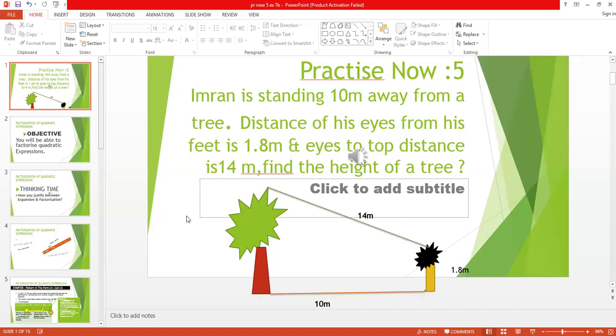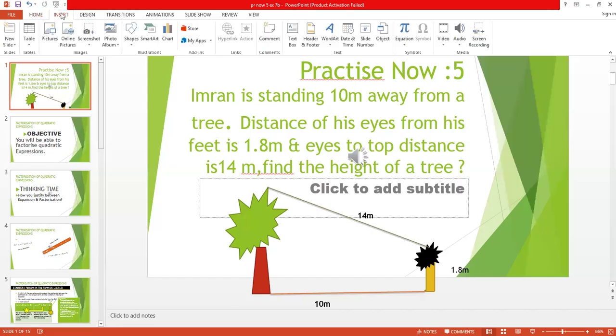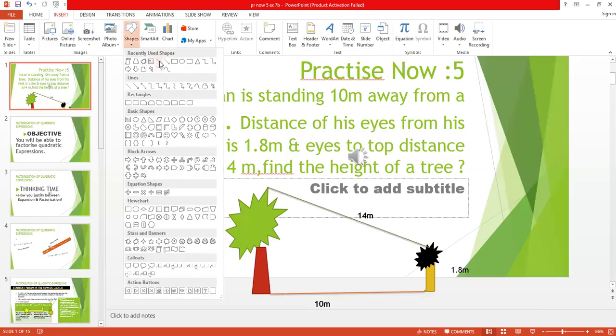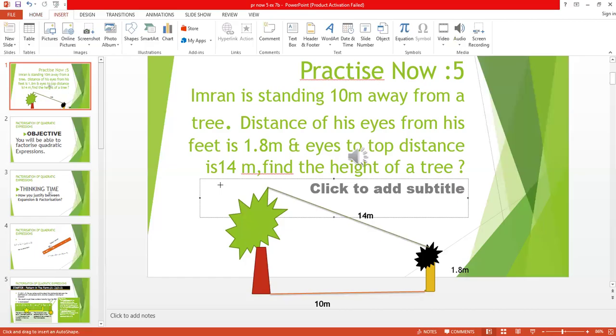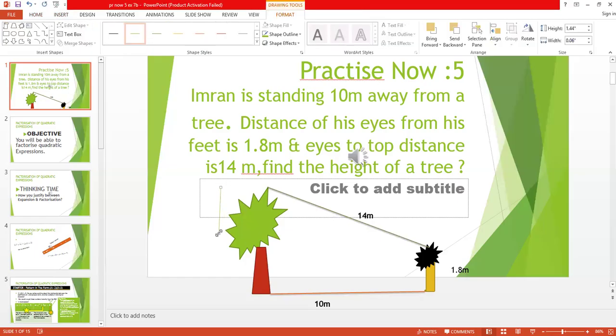And what you have to find? You have to find the height of a tree. I have to write it here, which we have to find: the height of a tree. Wait, I want to draw a straight line for you.